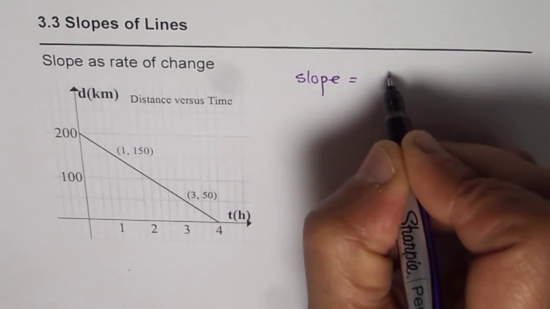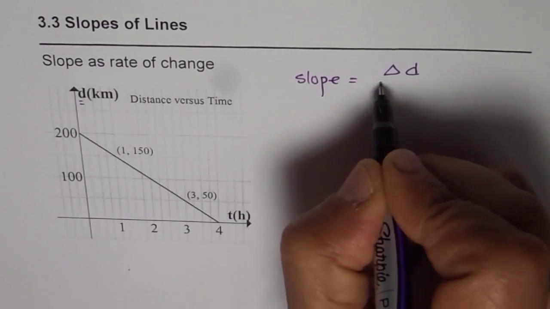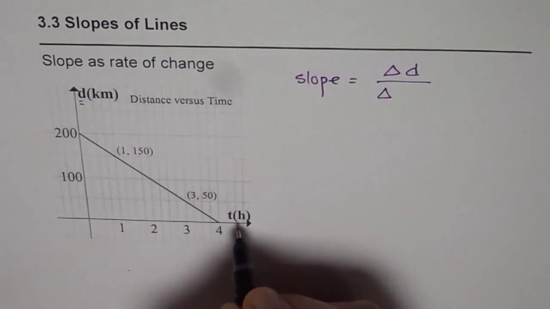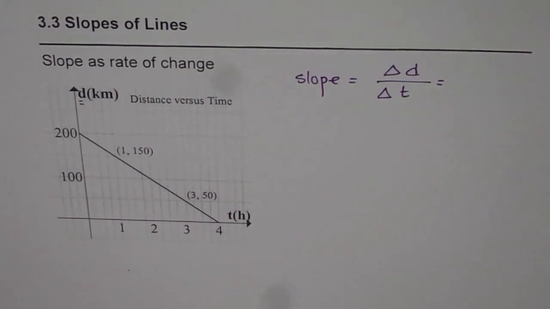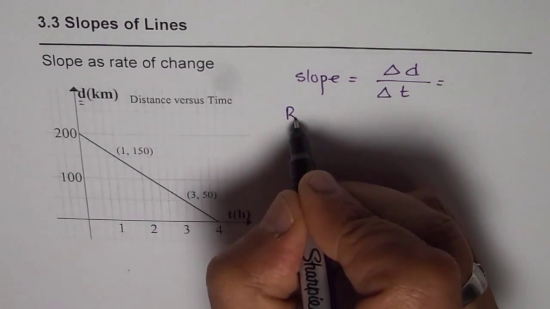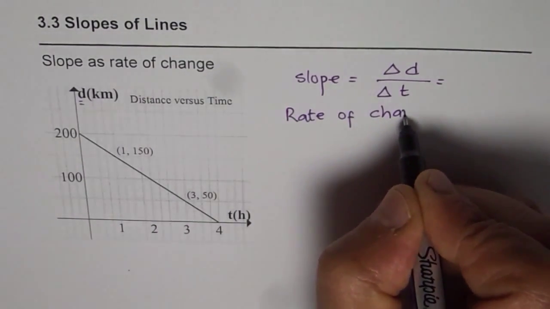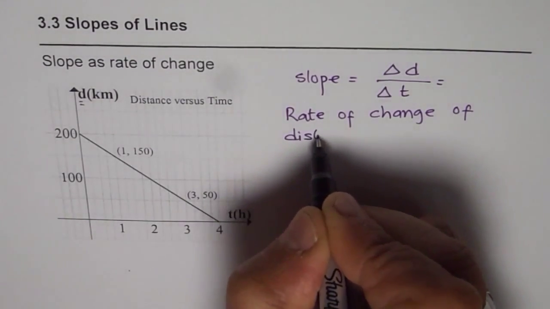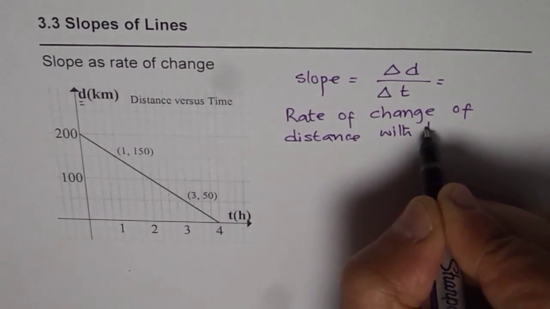will be change of distance, right? So the y value is change of d, since I have replaced y with d, over change in time. Now that is rate of change of distance with time, correct?